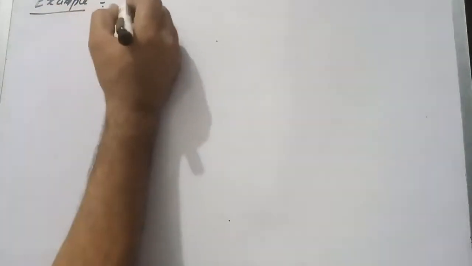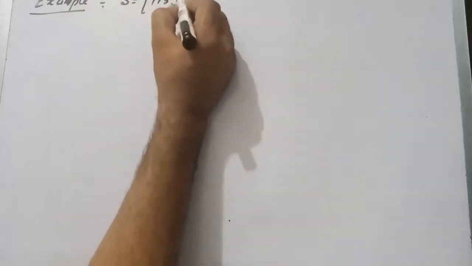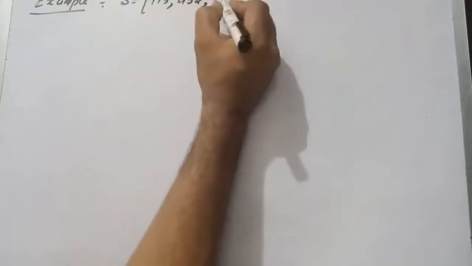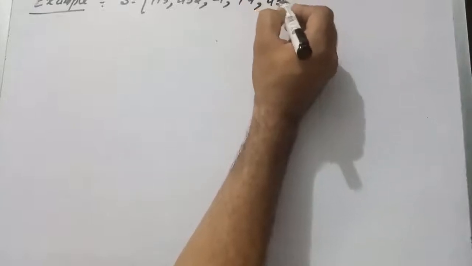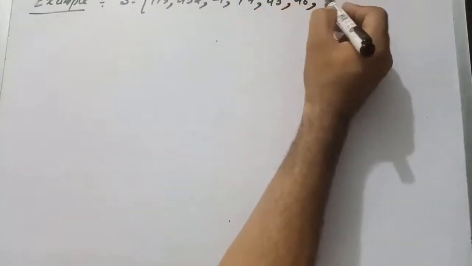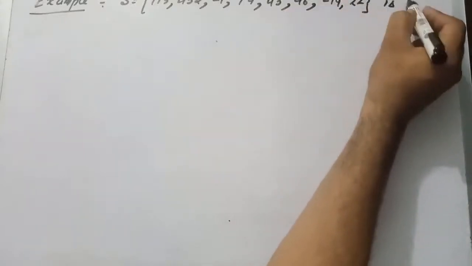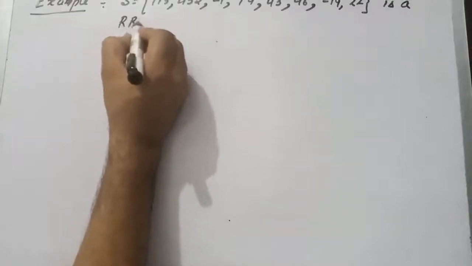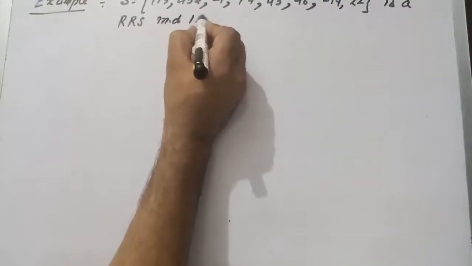An example of a reduced residue system. Say the set S, 113, 452, minus 1, 79, 43, 46, minus 19, 22, is a reduced residue system modulo 15.